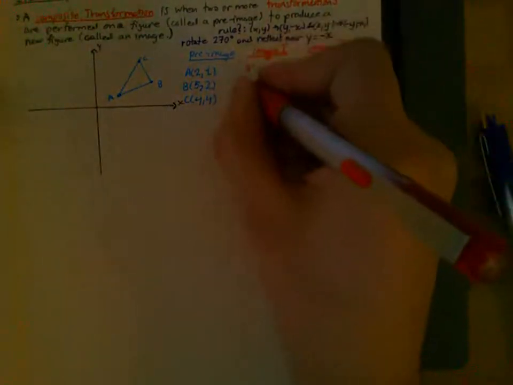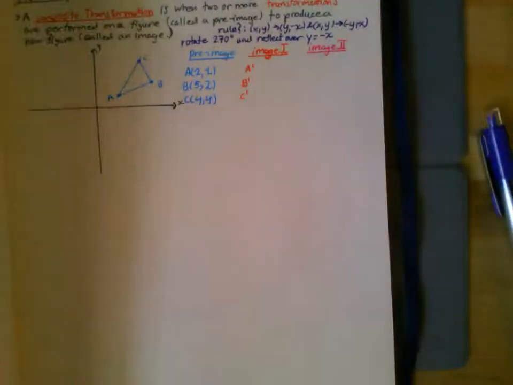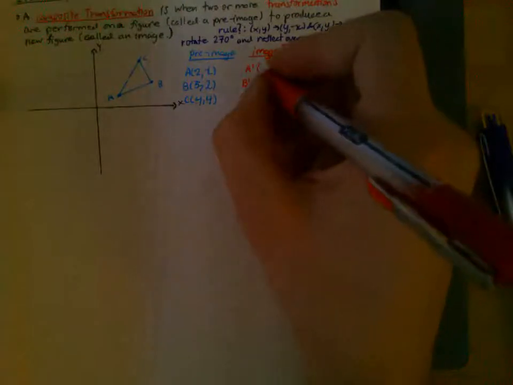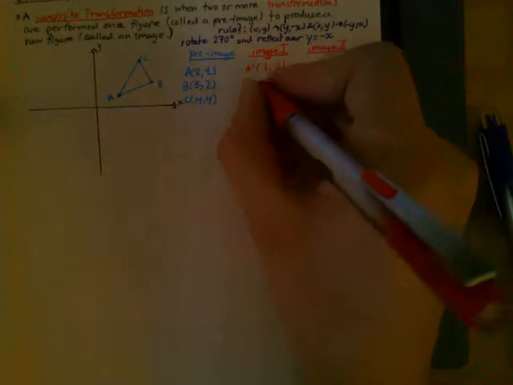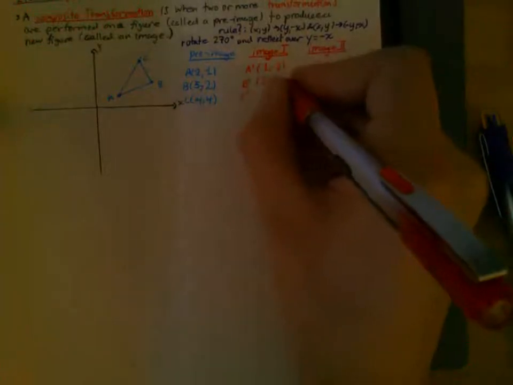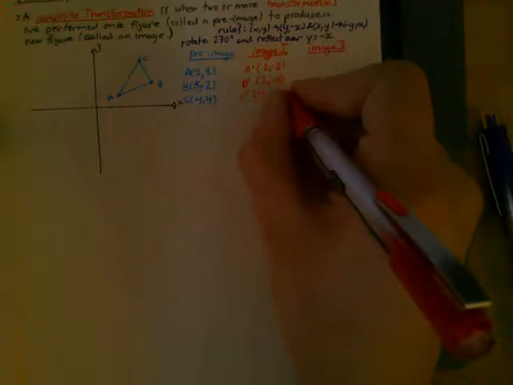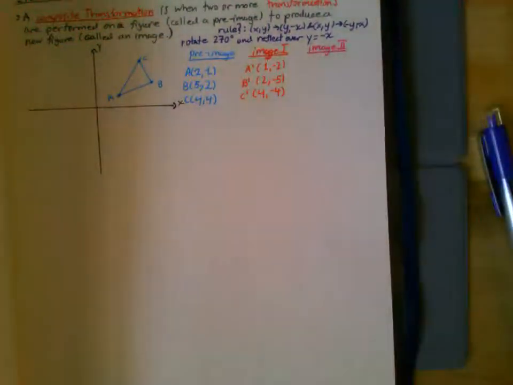A prime, B prime, C prime, right? A prime, first one, is going to be (1, negative 2), and then B prime (2, negative 5). And then C prime is going to be (4, negative 4).